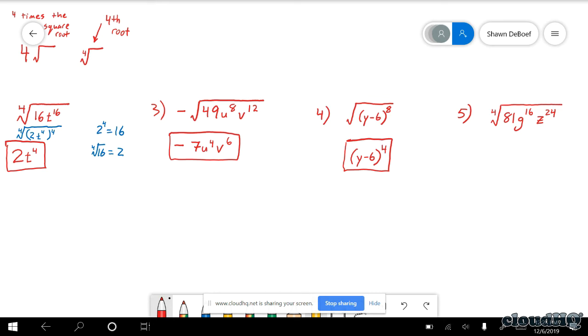Well, let's start with the 81. What is the 4th root of 81? 3, because 3 times 3 times 3 times 3 is 81. So that does become 3. What about the g? G to the 4th. If it's a 4th root, I'm dividing the exponents by 4. Then z would be z to the 6th.